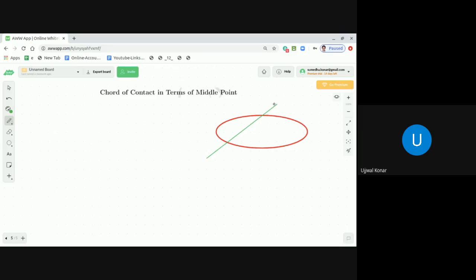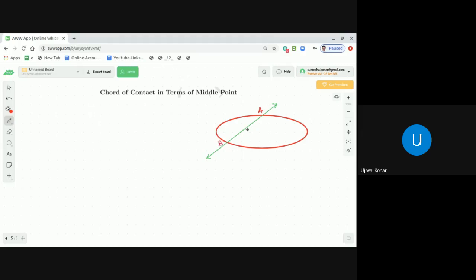As you see, this chord is in green color, and we do not know the equation of this chord. It is a straight line, but we only know it is a chord. One thing we are aware of is that the chord intersects the ellipse at two points A and B. Let me write it in red color. So this is the point A, and this is the point B.